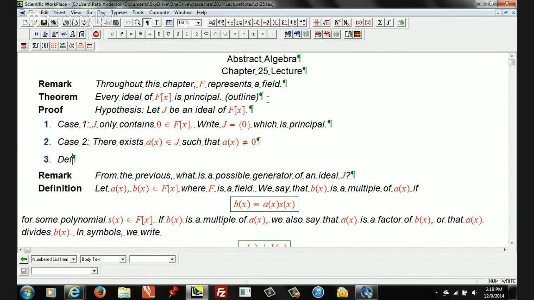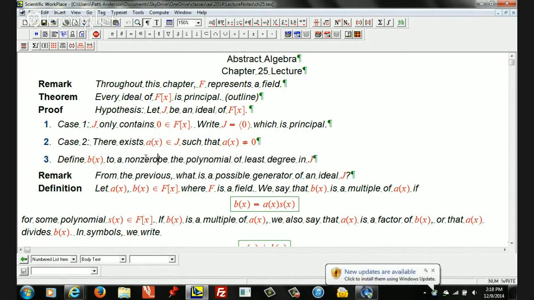Polynomial of lowest degree. Yeah, let B(x) be a non-zero polynomial of least degree in J.